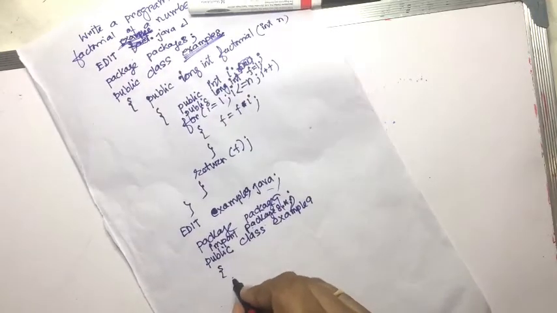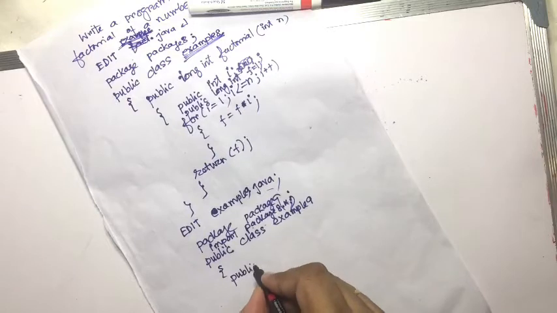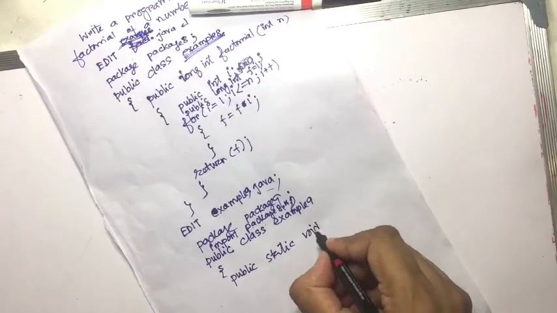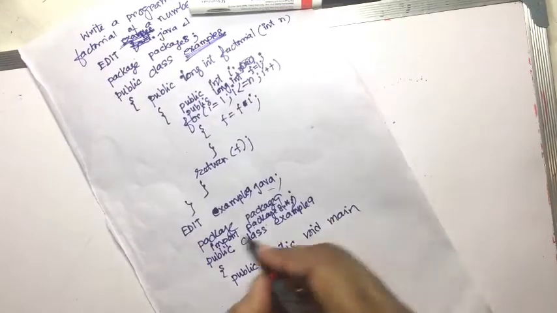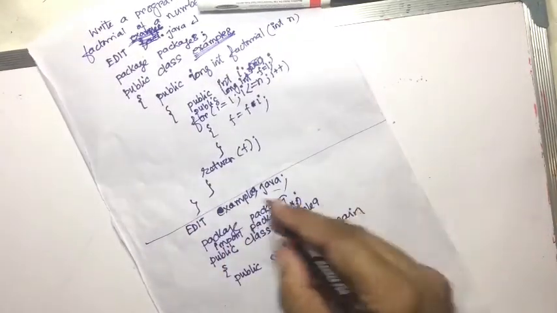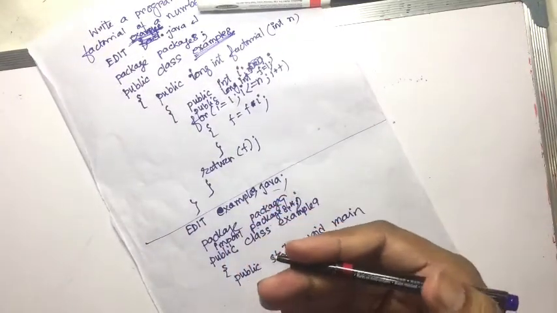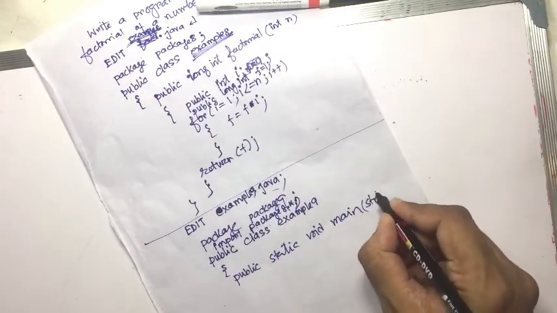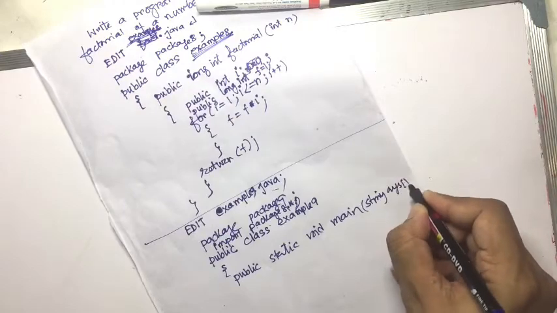Now there is a public static void main. This is another program where we can use package 8 from package 9. Public static void main String args, and this is the end of main.